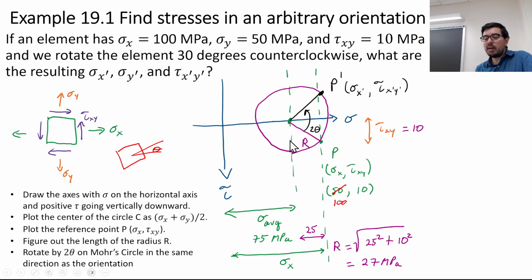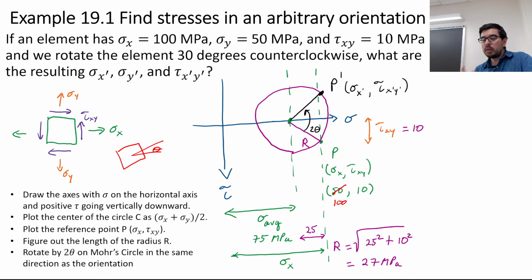So what we're saying now is that we can create this graphical abstraction using Mohr's circle, but rotation on Mohr's circle is twice that of the actual element. This will come up and be confusing, okay?